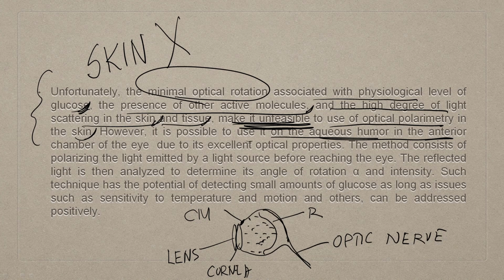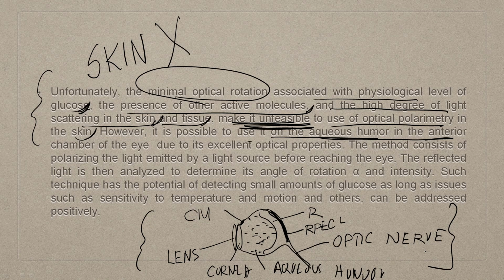And here, sorry, one more thing, you have the retinal pigment epithelial cell layer, which is called the RPE, and here you have the aqueous humor. Okay. With this anatomy, it is clear for you, right? You can always refer to any book to see the structure of the eye, and everything will make sense.